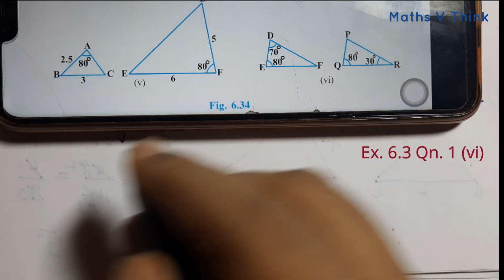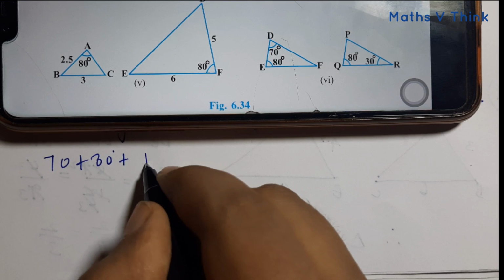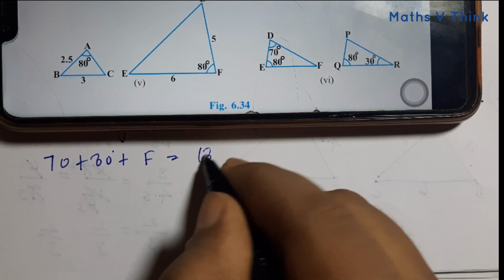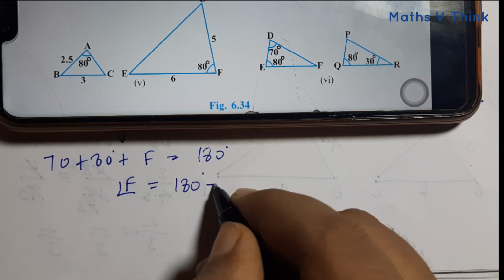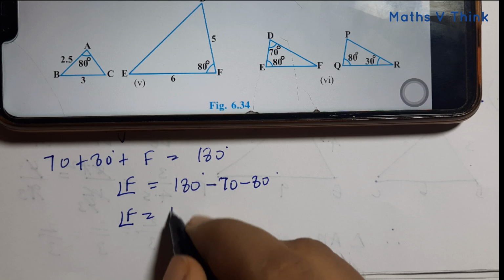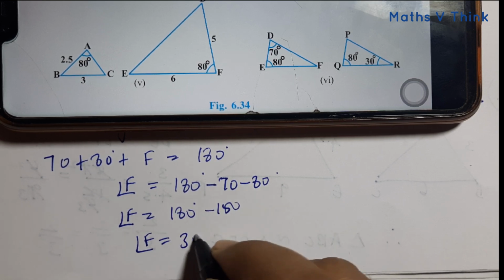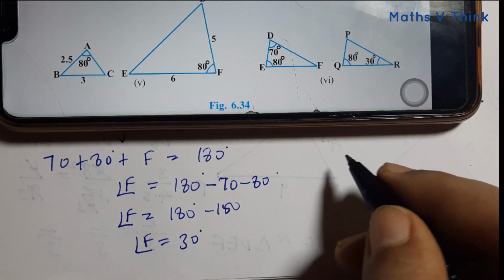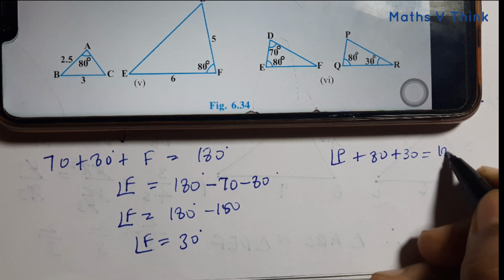They gave two angles. So by angle sum property, 70 plus 80 plus F is equal to 180 degrees. So angle F will be 180 degrees minus 70 minus 80, which is 180 minus 150. So angle F I got as 30 degrees. Same way you can see here, angle P plus 80 plus 30 is equal to 180 degrees.